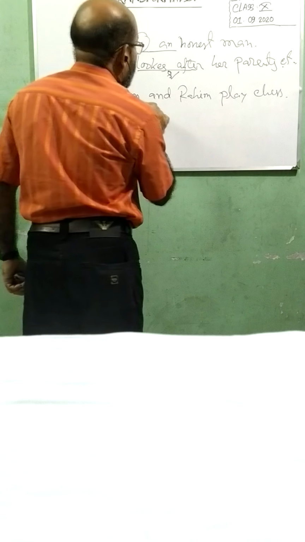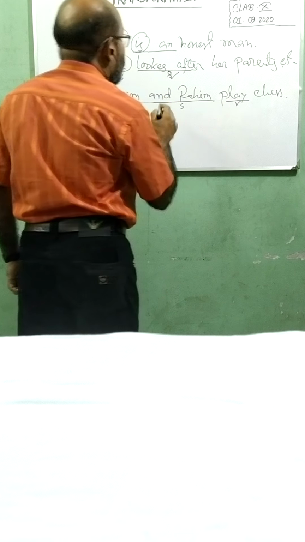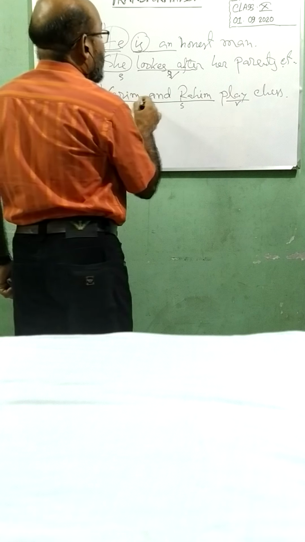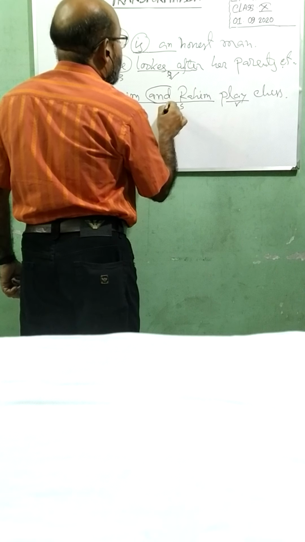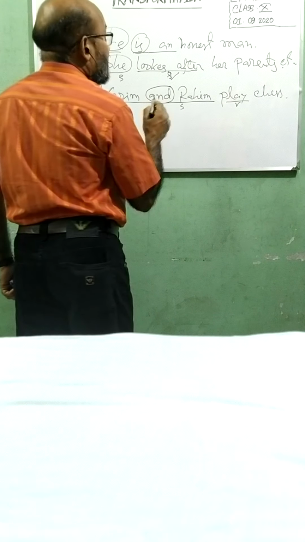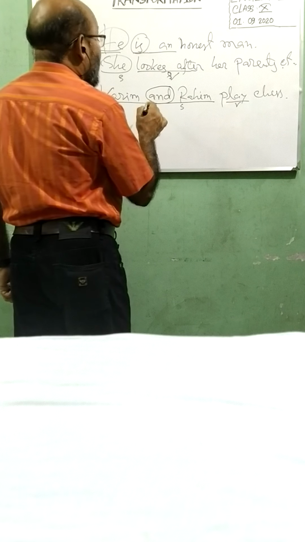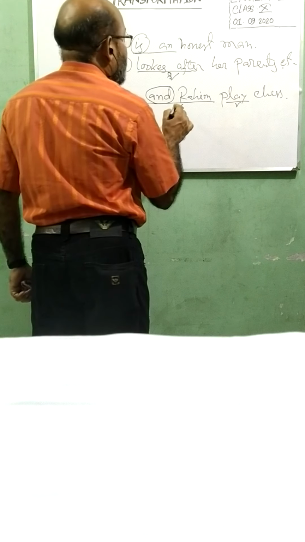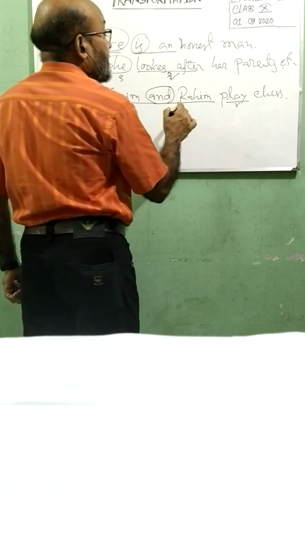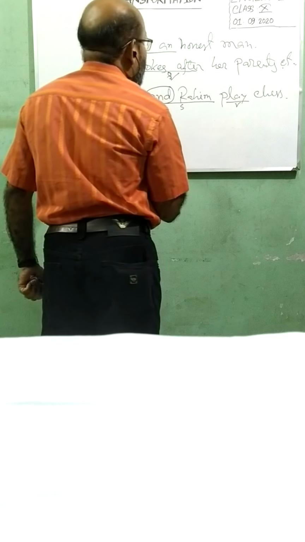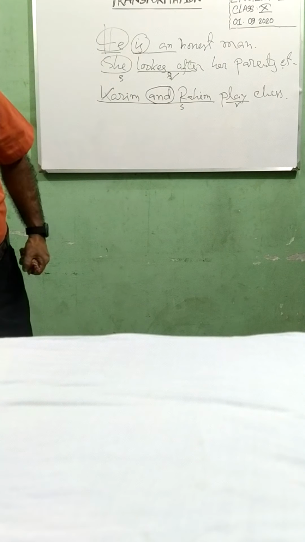Korim and Rohim is the subject. The subject Korim and Rohim is connected with and, but it is only one subject, not more than one subject. So it is also a simple sentence.